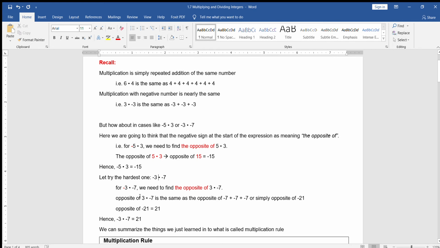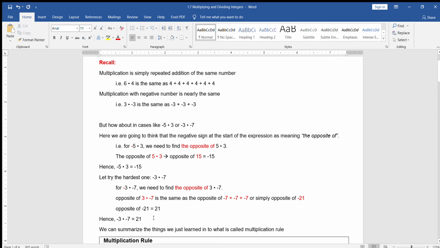The opposite of 3 times negative 7 is basically the same as negative 7 plus negative 7 plus negative 7, which is simply the opposite of negative 21. What is the opposite of negative 21? Well, that's basically 21. Hence, negative 3 times negative 7 is equal to 21.